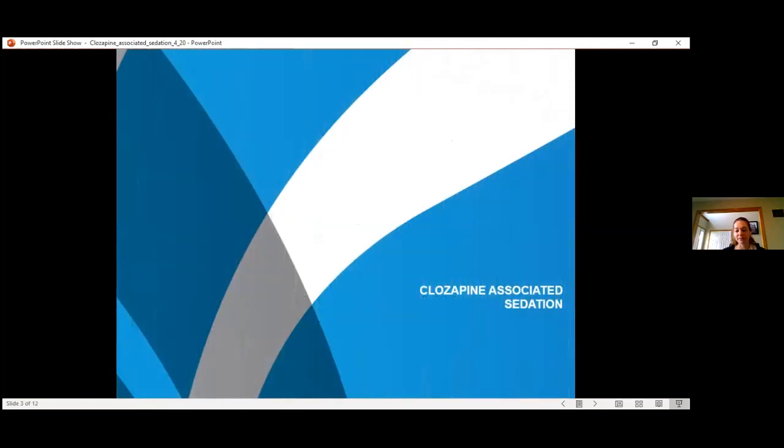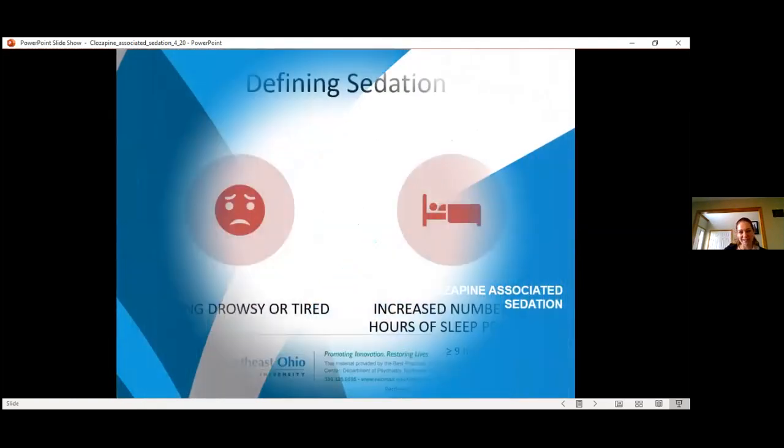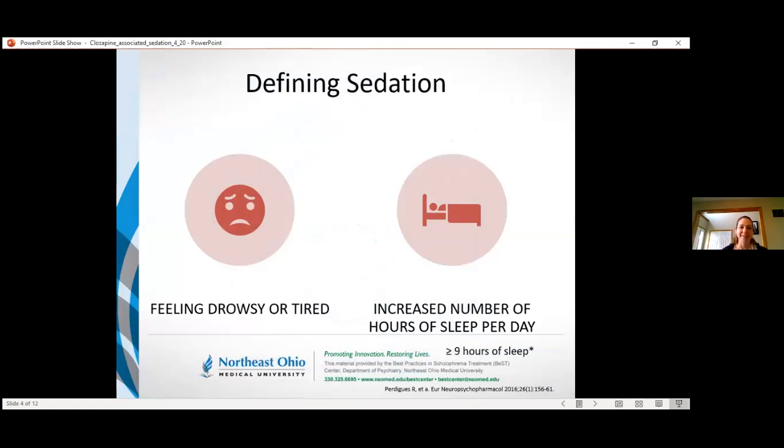So let's start. I wanted to start first with defining sedation. It's interesting, depending on where you look, there are varying percentages of how often clozapine causes sedation. Some of the reasons for that is the way that the data was captured.